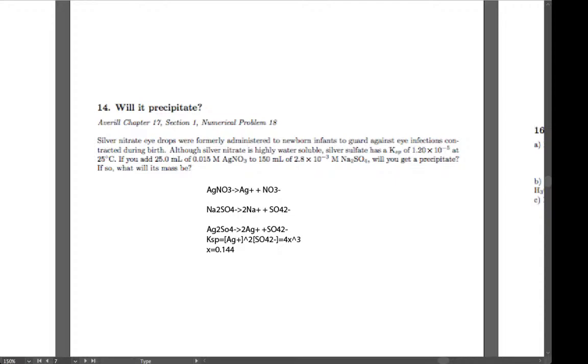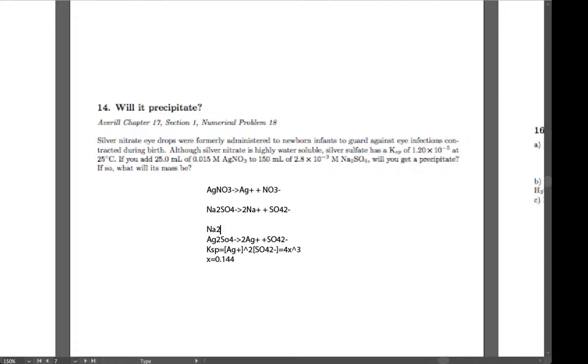But for silver sulfate, you can just add those two up to form that thing. So yeah, we can just try that. There's nothing wrong with trying.